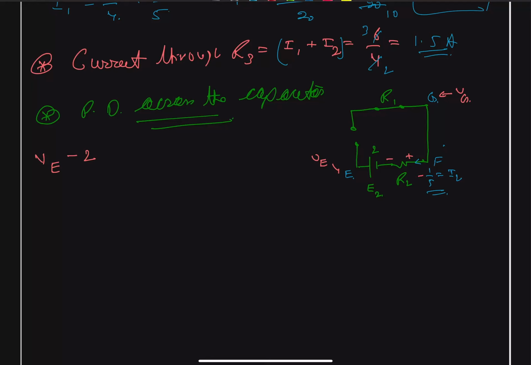So this is rise in potential, this comes as plus, and here we have our R2 multiplied by minus of I2, and then it will be equal to VG. So we can write our VE minus VG will be equal to 2 plus R2 multiplied by I2.